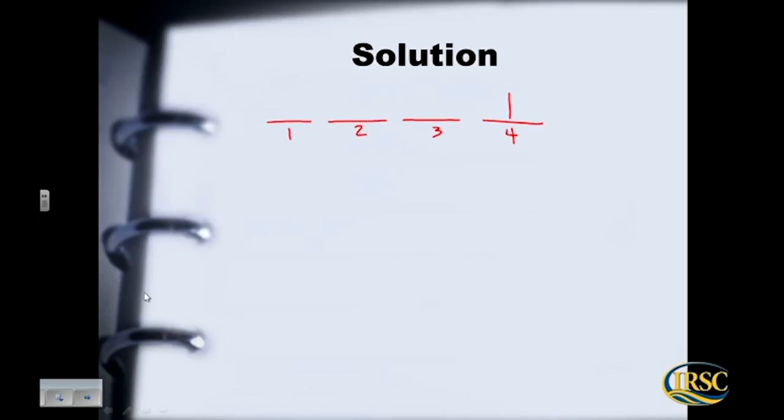Now, how many bands are left after I've made that decision? 3. Does it matter when they perform? No. So how many choices do I have for them to go first? 3. Okay, after I choose a band to go first, how many are left? 2. So how many choices do I have to go second? 2. After I choose who goes second, how many are left? 1.